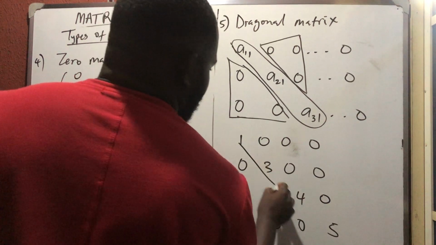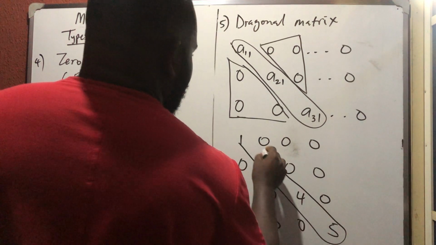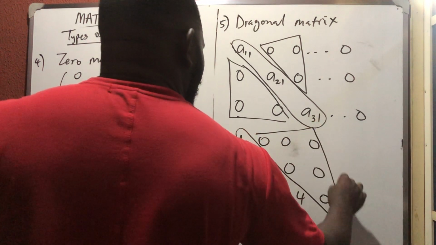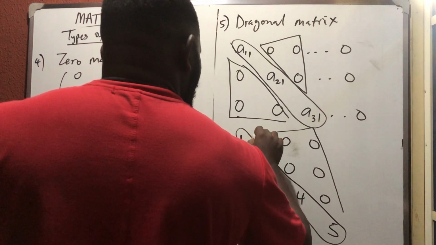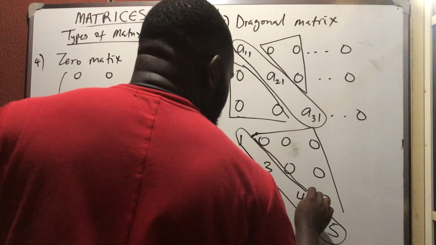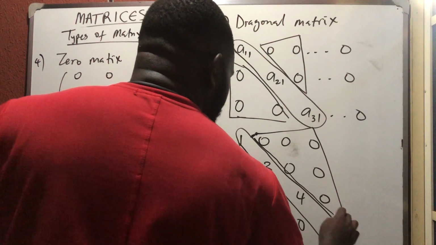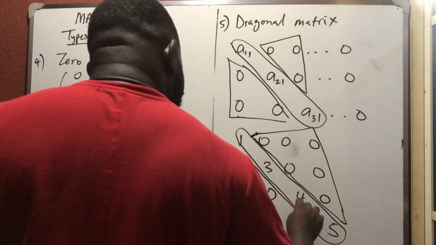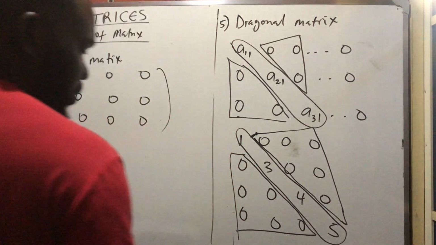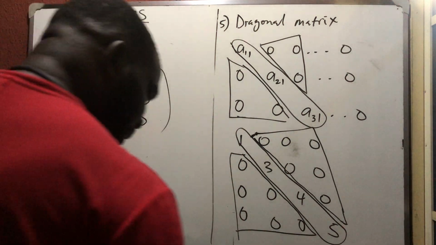If you draw this now, you see that the diagonals are numbers, but the upper triangle and the lower triangle are all zeros. So that is how you know that this is a diagonal matrix. Look at the lower triangle, this is the lower triangle.